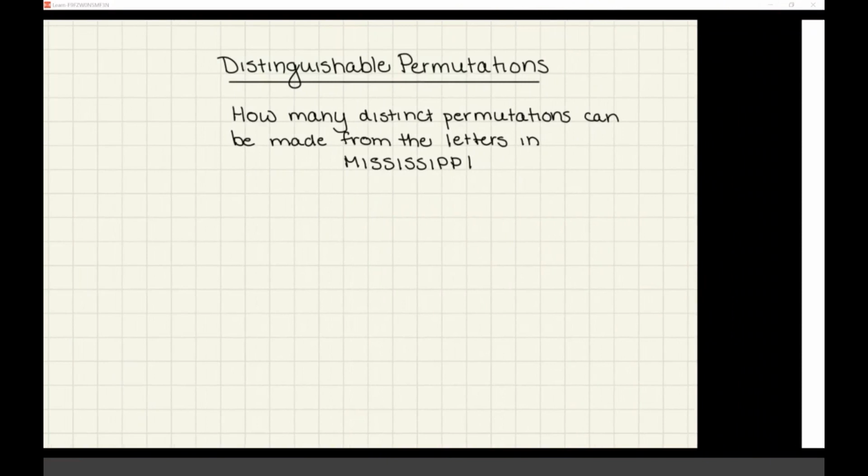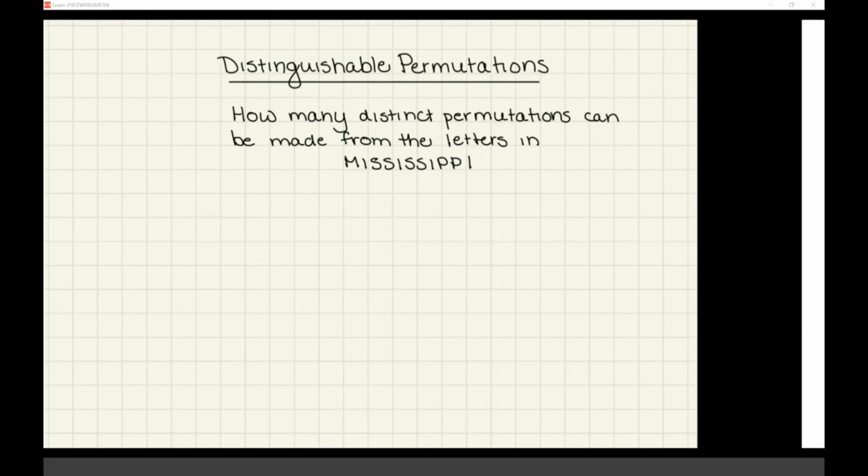So what I want to talk about is this concept of distinguishable permutations. If you remember from Tuesday, permutations are sets of objects selected from a set when you're selecting without replacement, and when order matters. For example, if you're making words out of letters, the order of the letters in the word matters.